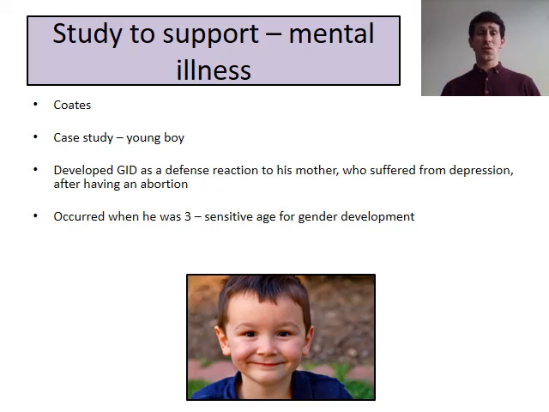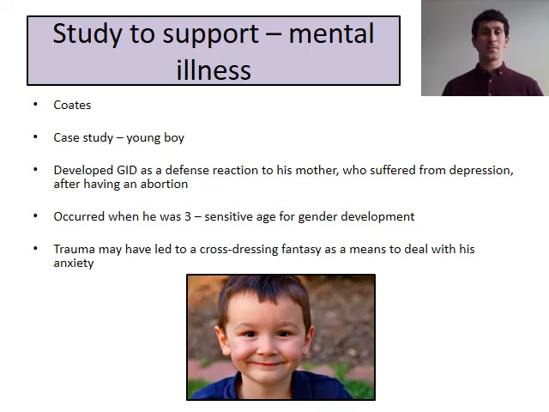And what Coe said was really important was it occurred before the age of 3, which is a very sensitive age for gender development. And that this trauma most likely led to a cross-dressing fantasy as a means to deal with it. Maybe it made him feel closer with his mother, maybe it's his way of dealing with it, but this cross-dressing fantasy eventually developed into GID.